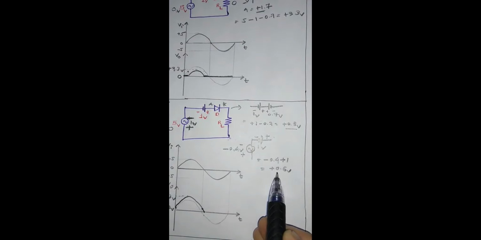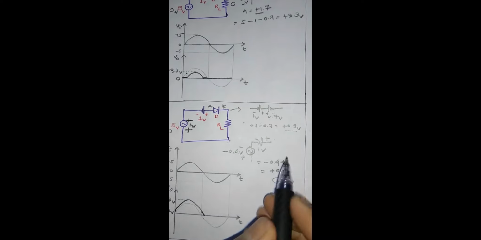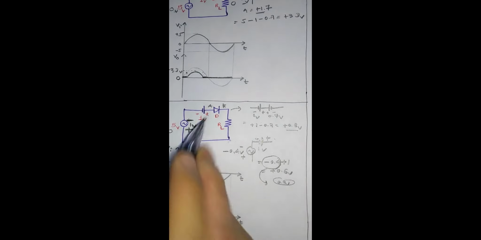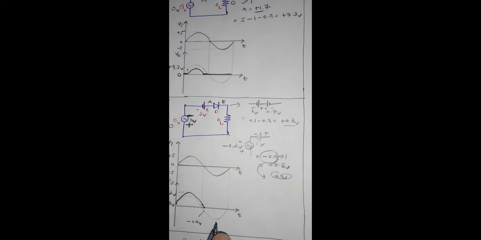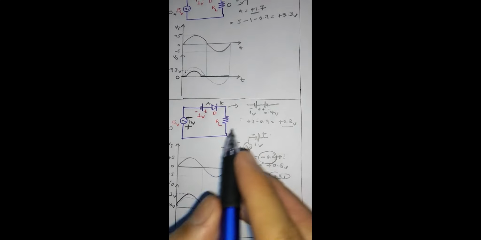So anode is equal to plus 0.6. Basically, the anode requires a minimum voltage of 0.7 volt. So at minus 0.4, D is off, and with D off your output reaches 0. So this point voltage is approximately equal to minus 0.4.